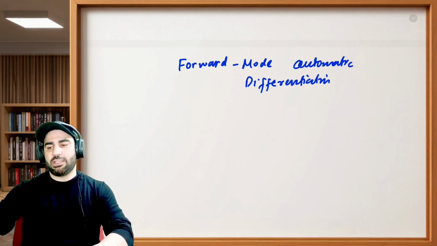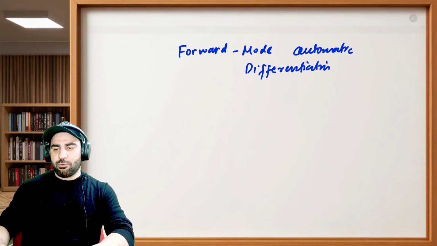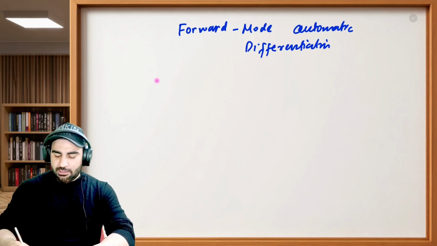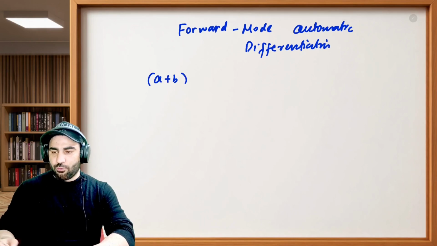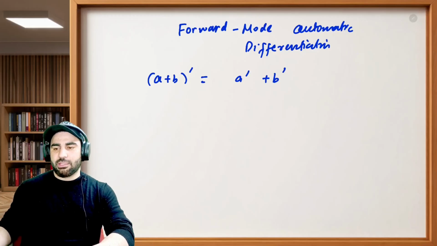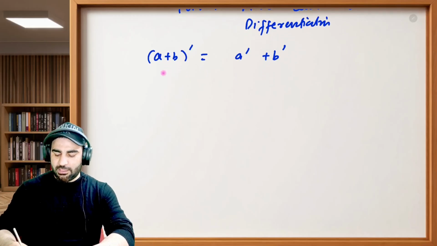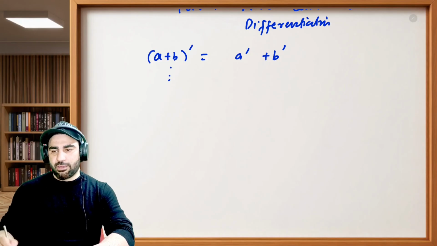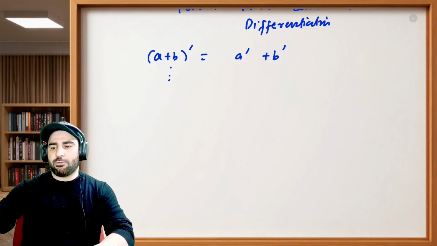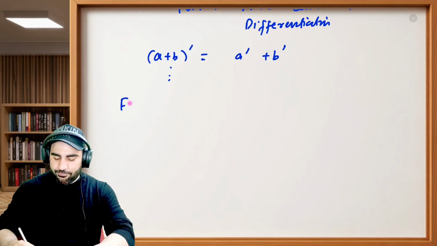Okay, so we will see how to apply this. Again, it will use the same rule. So if you have, let's suppose, addition, a plus b, you'll take the derivative of this and this. Same rules. So whatever rules we have learned in the symbolic, all these rules will apply over here. Okay, so let's now go to the forward trace. So we'll write forward automatic differentiation trace.